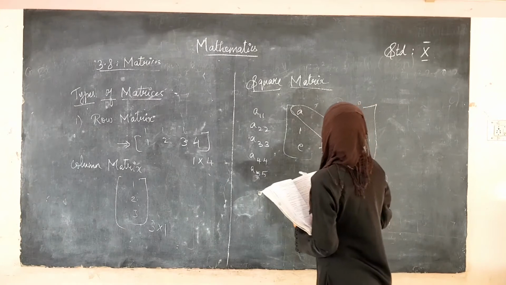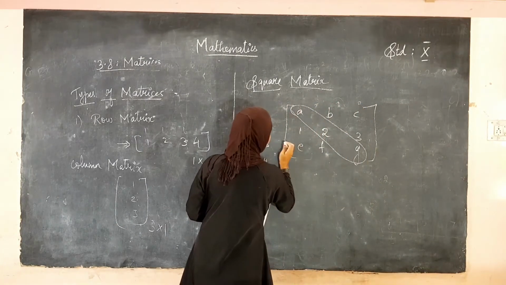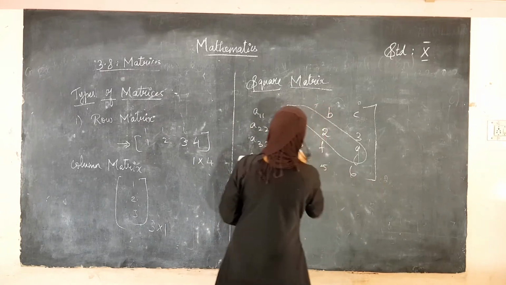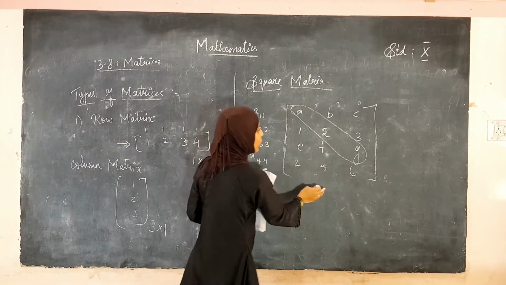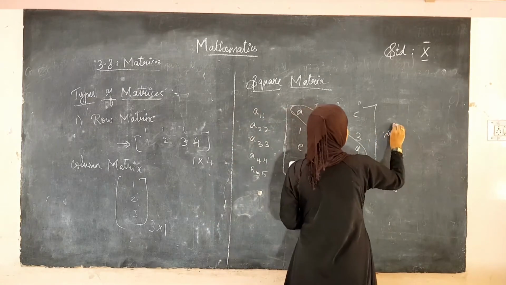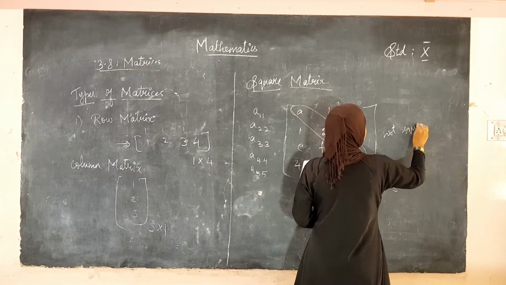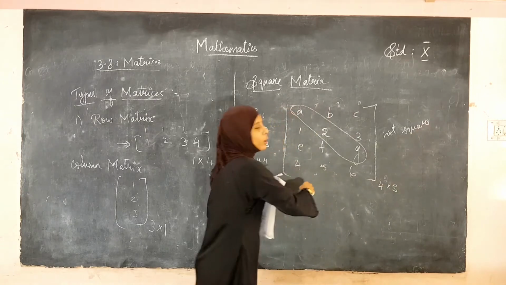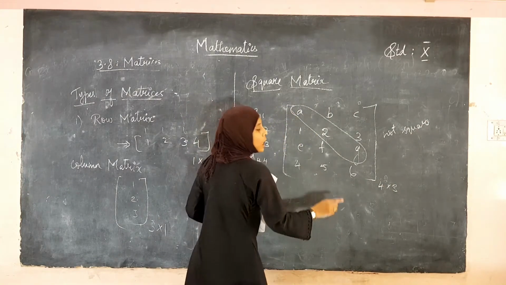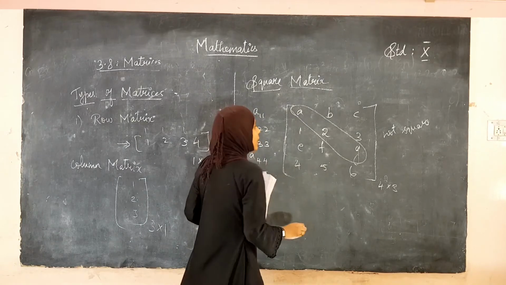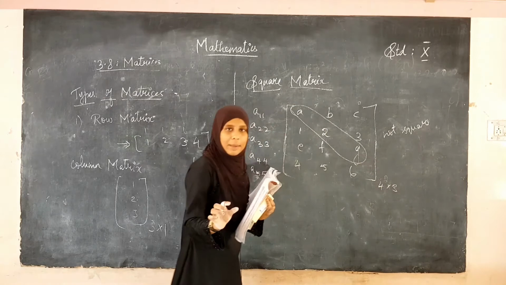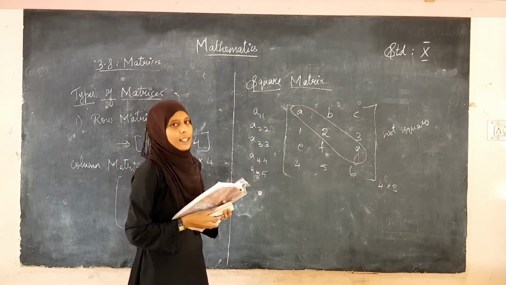If we have 4 rows and 3 columns, the order of this matrix is 4 cross 3. This is not a square matrix, because the number of rows and the number of columns are not equal. In this we cannot find the diagonal elements, because only in a square matrix can we find the diagonal elements.